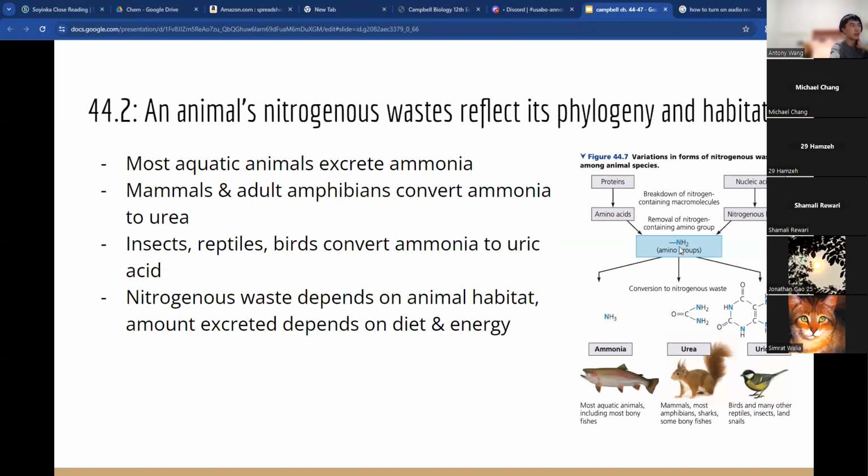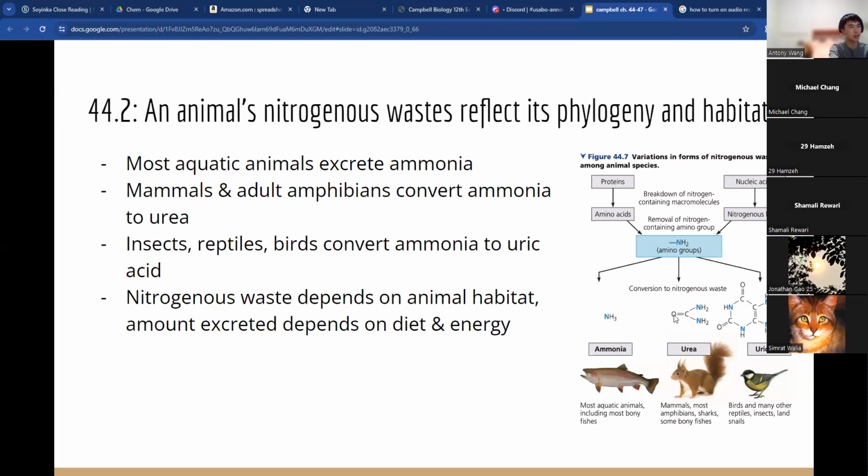produces nitrogenous wastes. Like a lot of things, if nitrogen builds up in your system, it can be dangerous, and different animals dispose of this nitrogen in different ways, right? Some animals like fish will just dispose of it as ammonia because they can get it to diffuse out.